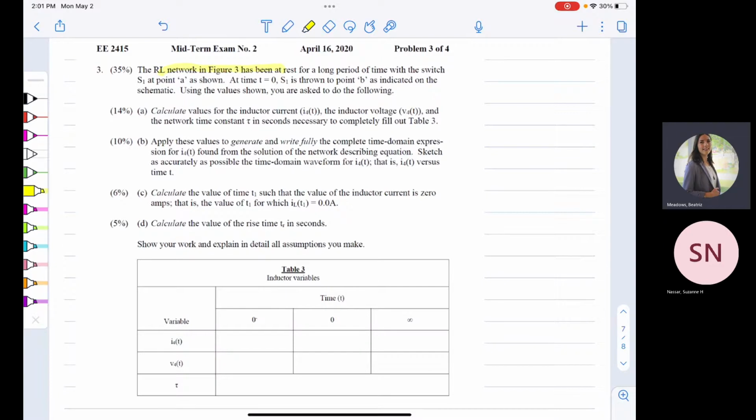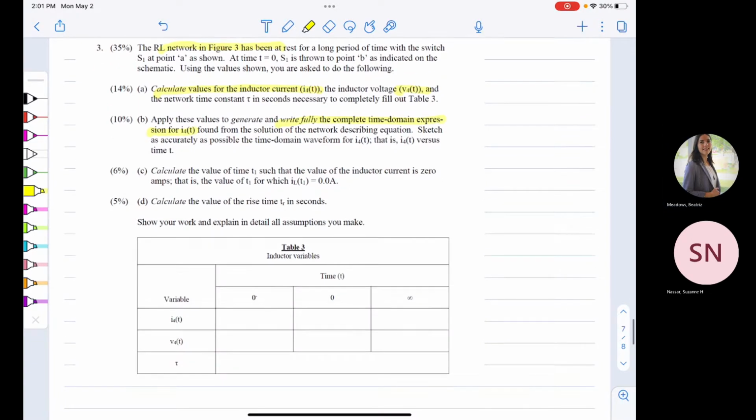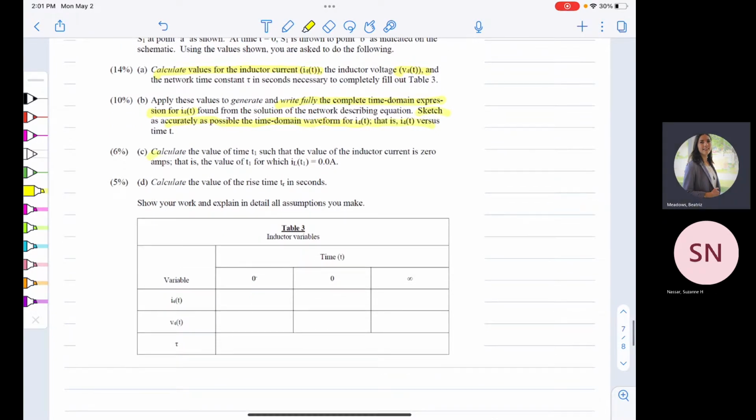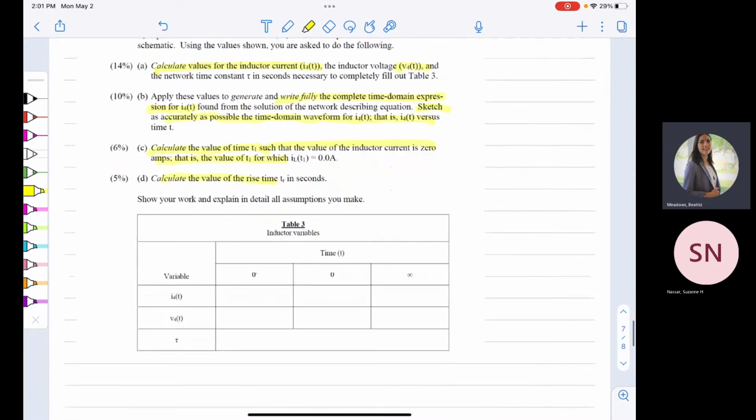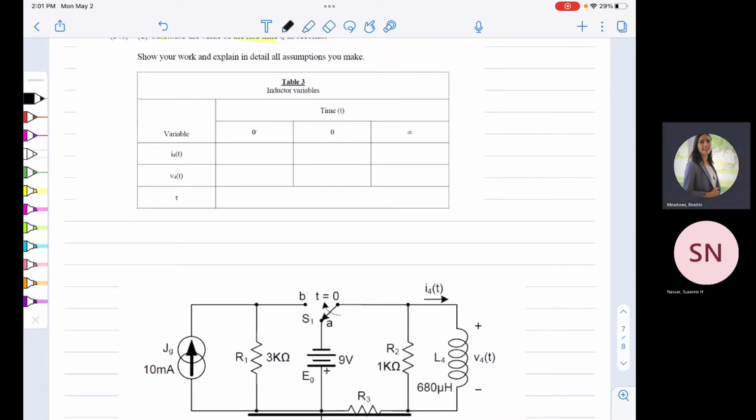At t equals 0, we're going to flip a switch. Calculate values for I4 and V4 of t, write the complete time domain expression for I4, sketch as accurately as possible the time domain waveform, calculate the value of T1 such that the value of the inductor current is 0, and calculate the value of rise time. So we have a lot of stuff to do in this problem. Let's go ahead and get started.